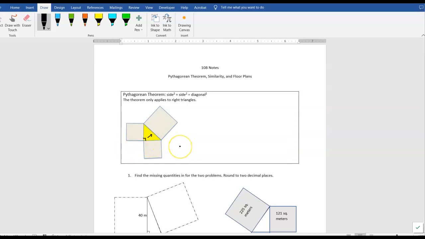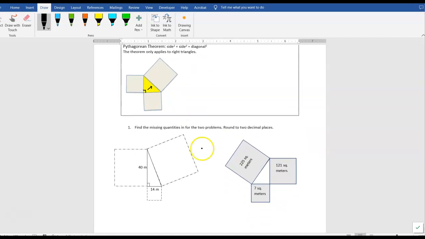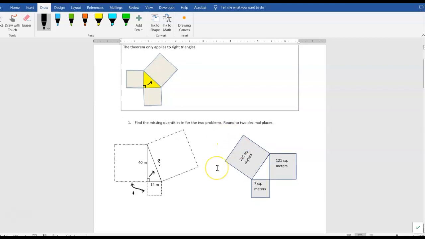So if we look at two examples here, one where we're going to find the diagonal, in this case the diagonal length is missing, so this is what we don't know. We know that if we add the areas of these two squares together, that's going to equal the area of this bigger square, and then we can find this length by taking the square root of that value.